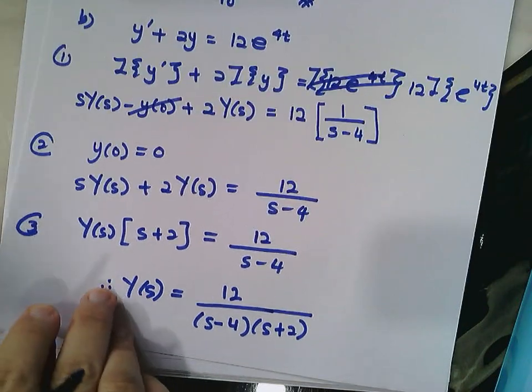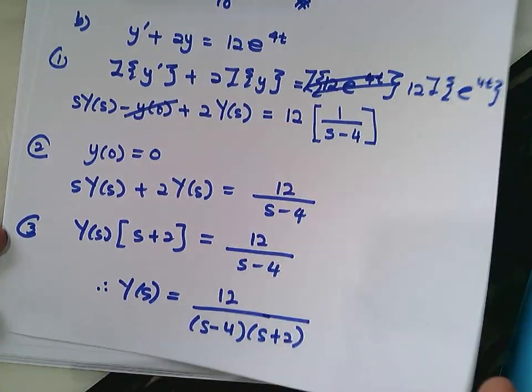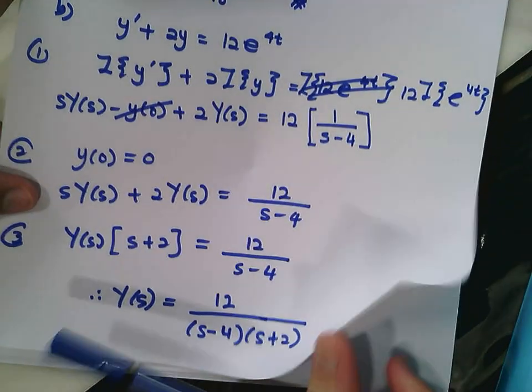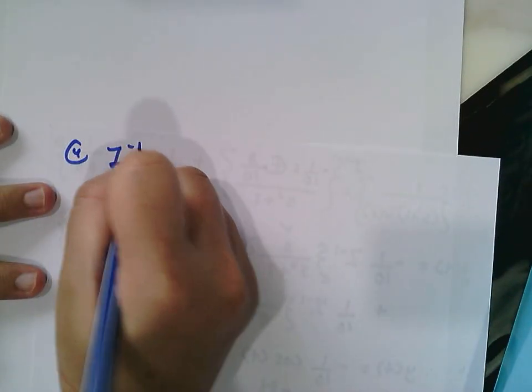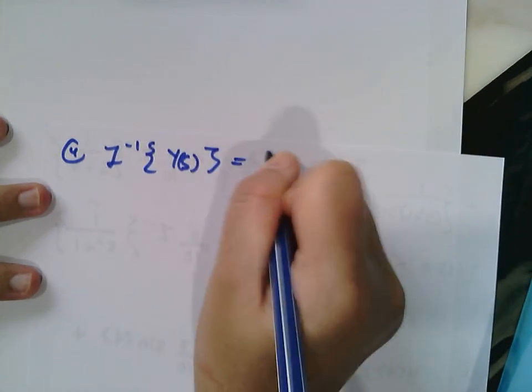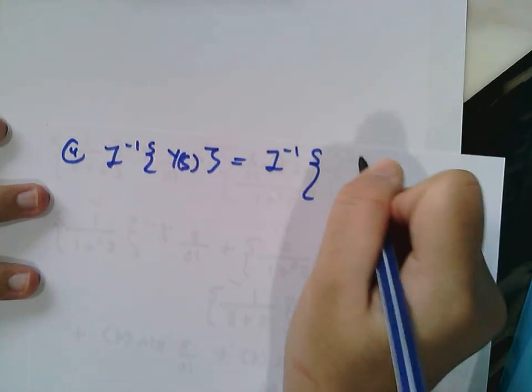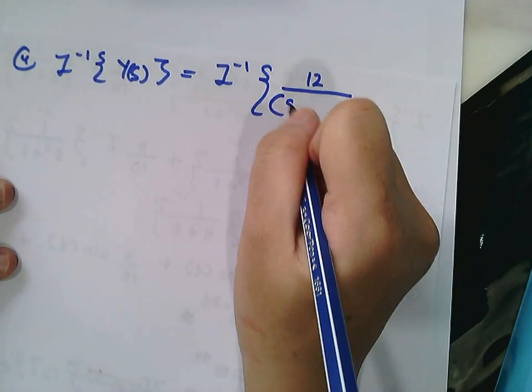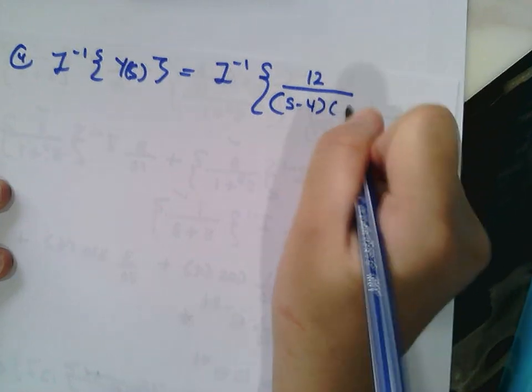Okay, so by using Laplace transform of rational function, the inverse of Y(s) is equals to the inverse of 12 over (s minus 4)(s plus 2).